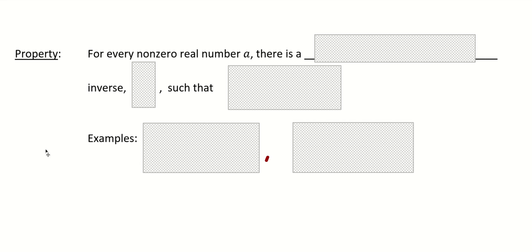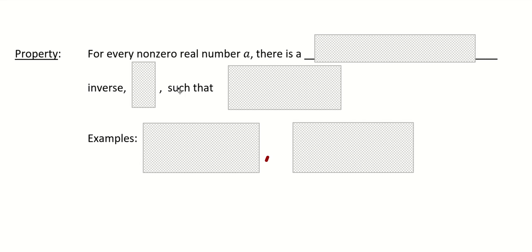Here's another property. For every non-zero real number, not to over-teach this, but just remember, when we use the word real number, that includes all the rational numbers, and rational numbers can get a little crazy, but real also includes irrational.